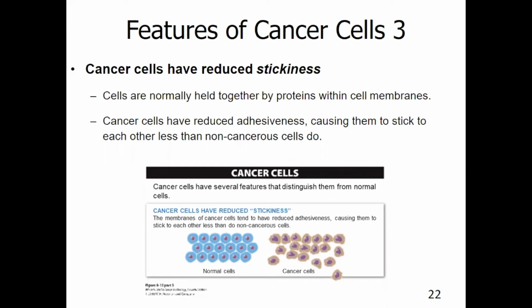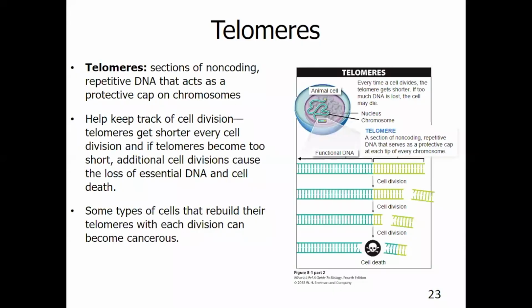Cancer cells have reduced stickiness or adhesiveness, which means they don't stick together as well. This means that cancer cells can easily break away from where they started and move to other regions of the body, something called metastasis, when cancer spreads throughout the body.